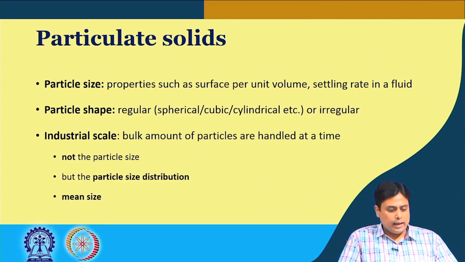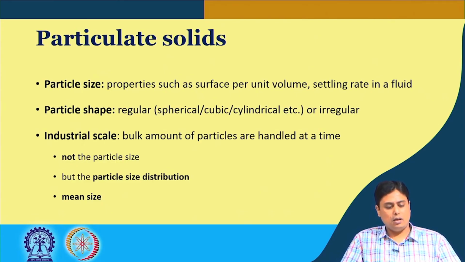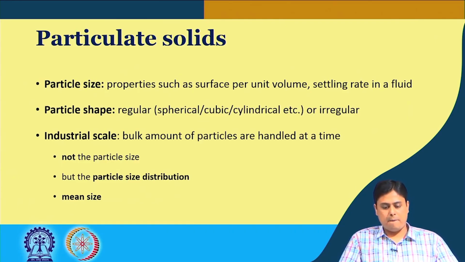So, particle size, shape and composition have significant influence on the solid's characteristics as well. Like in the case of nanoparticles, when the size goes around 10 to the power minus 9 meter, that is the nanoscale, particle size actually changes the color of that substance.